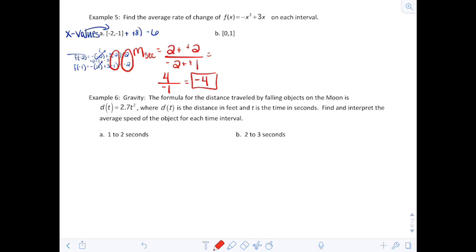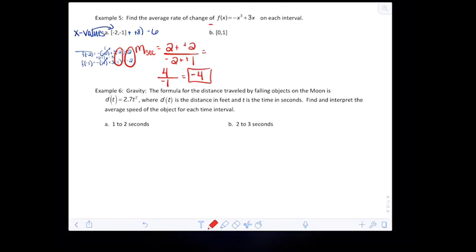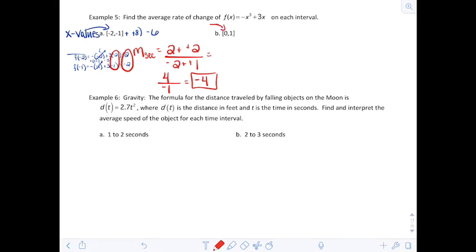If I were you, I would pause right now and try to do letter B on your own and see if you can get the right answer. Okay, now let's do B. 0, 1 is my interval, and again, this is my x-axis, so these are x values that we're plugging in.